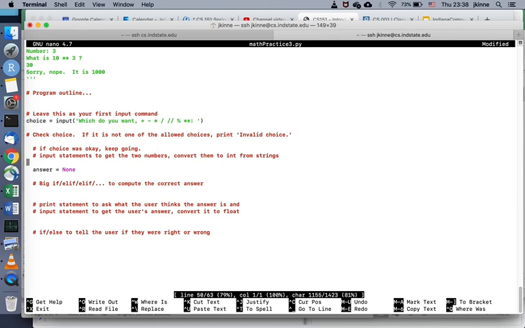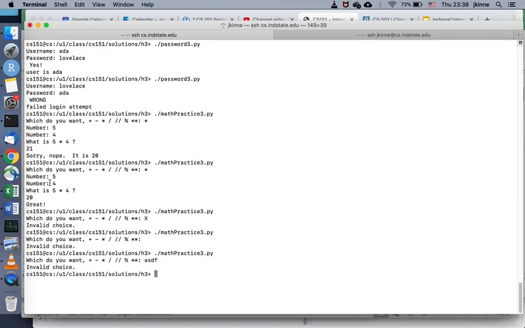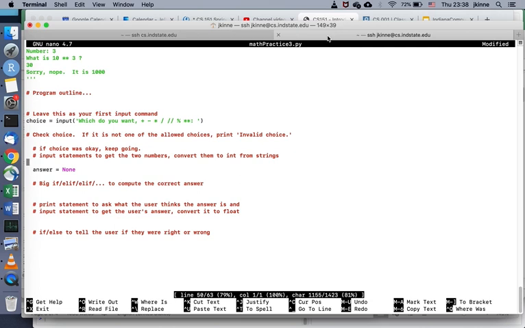We need input statements to get the two numbers, right? There's two input statements to read the two numbers. And then there's going to be a big if to compute the correct answer.